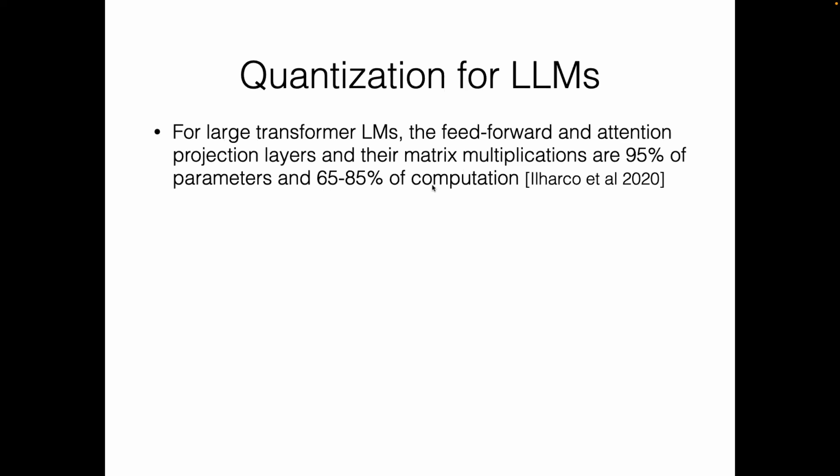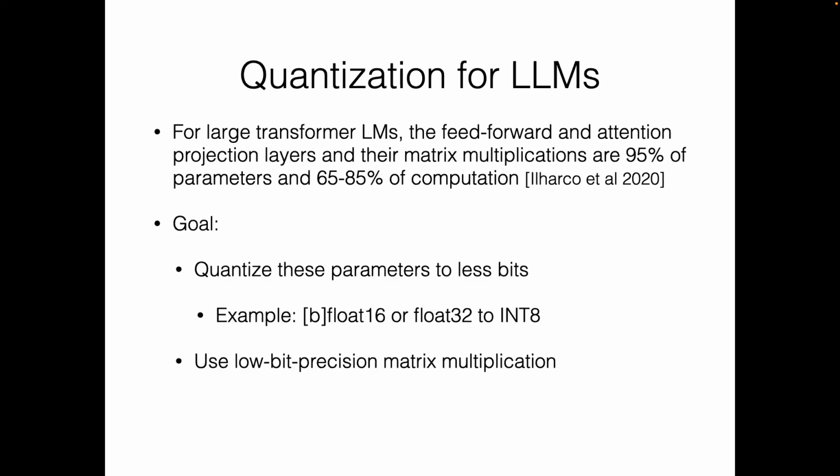There are all these other layers like activations, layer norm, things like that, which are repeated multiple times, but they make up a small percentage of the parameters and computation. So the goal is going to be to quantize these parameters to fewer bits, for instance, bfloat16 or float32 to int8.